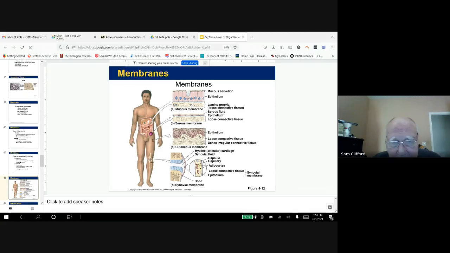So this is the peritoneal cavity where the liver and the small intestine and the stomach are. Okay, so the cutaneous membrane, this is stratified squamous, and a synovial membrane lines the joints.